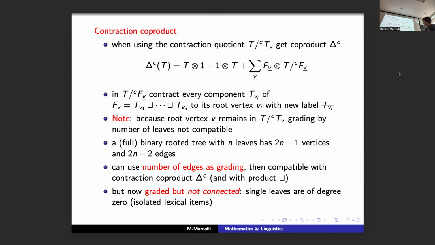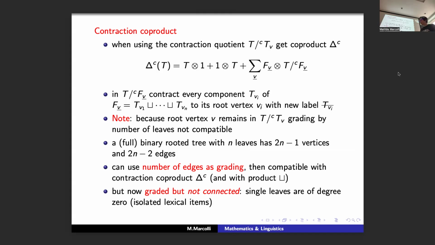And it can fail to be a Hopf algebra in degree 0 because now you have several things: the single leaves labeled by a lexical item or syntactic feature are now in degree 0 with respect to the grading for which this is a graded algebra and bialgebra, which is grading by edges rather than grading by leaves.